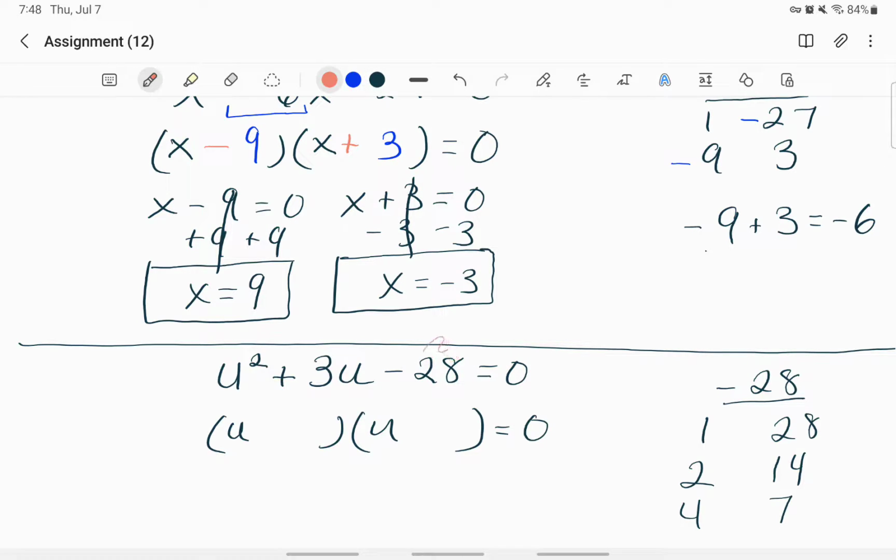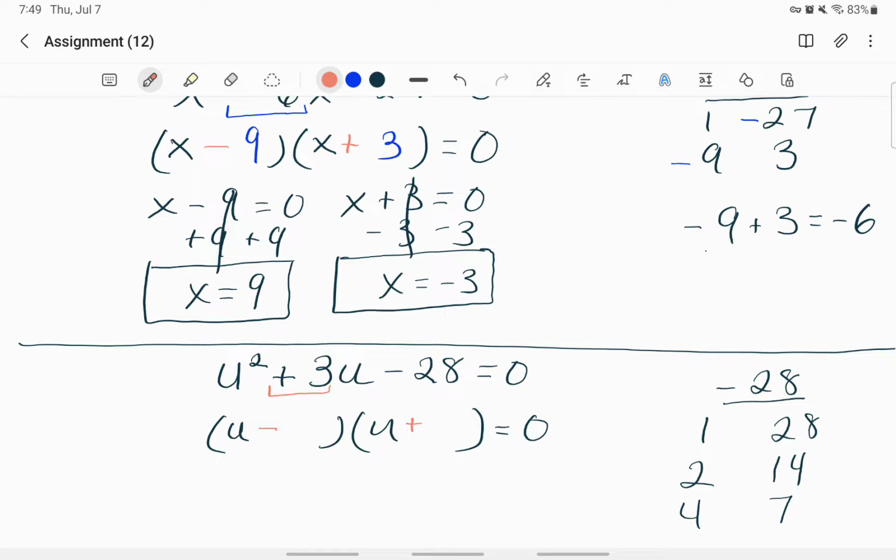Because we are multiplying to get negative 28, one of the factors must be negative. The other factor must be positive. Because they're adding to positive 3, that means the bigger number has to be positive.